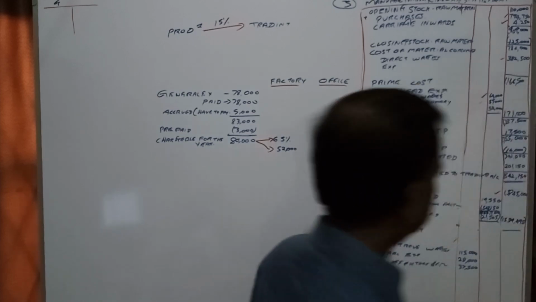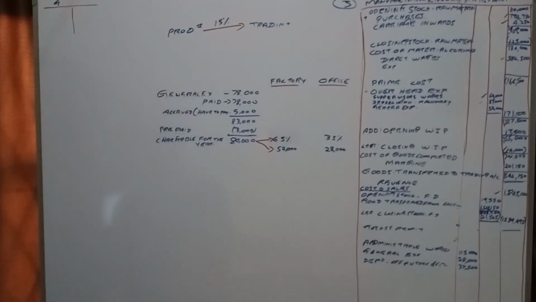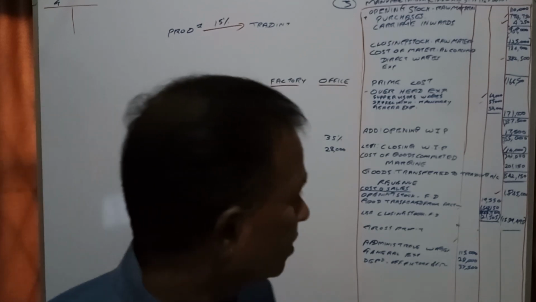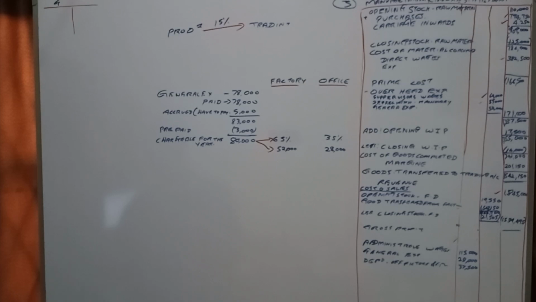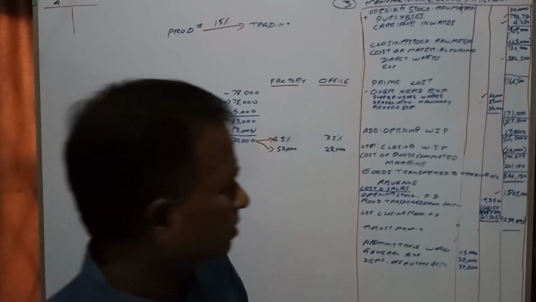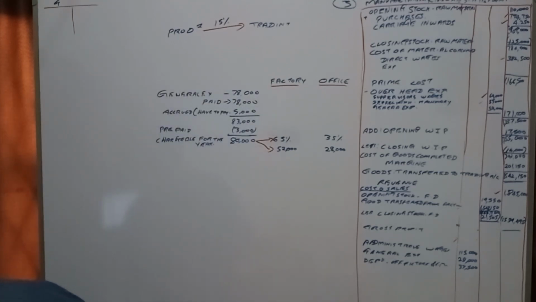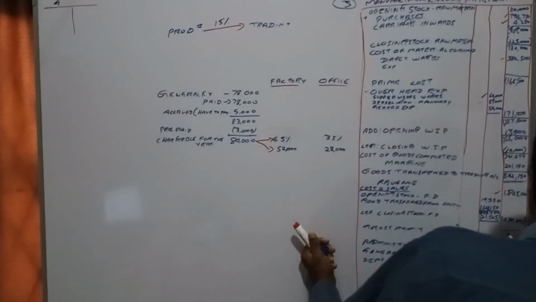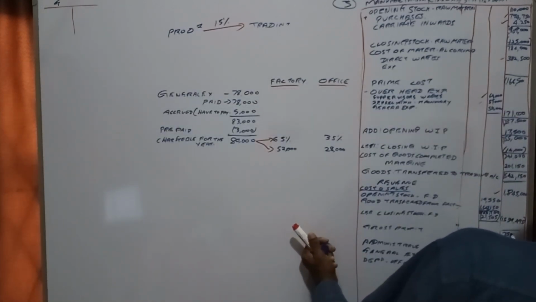Gross profit is 1,845,000 minus 1,539,495, that is 305,505 gross profit.